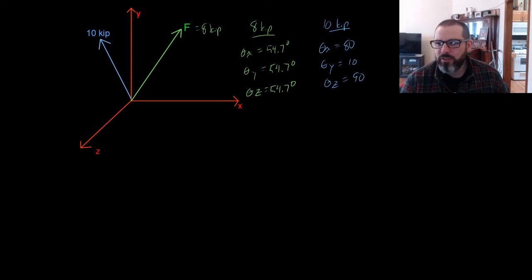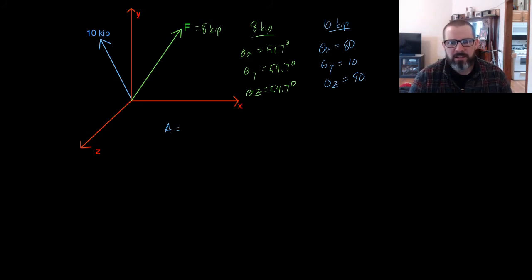If we have our vectors defined in this way, the easiest way to add these things together is to turn them into I, J, and K notation. Then we can directly add I, J, and K together. So when we're adding, again, we need to take care of the magnitude and the direction.